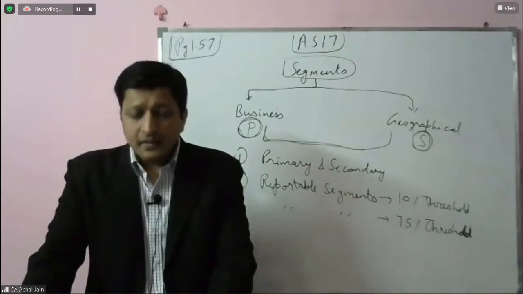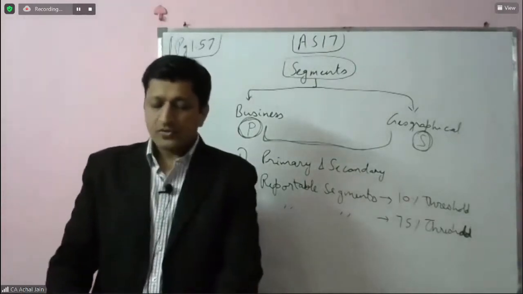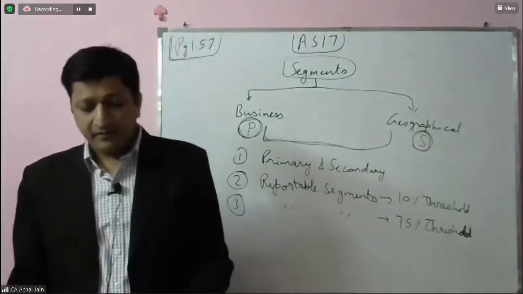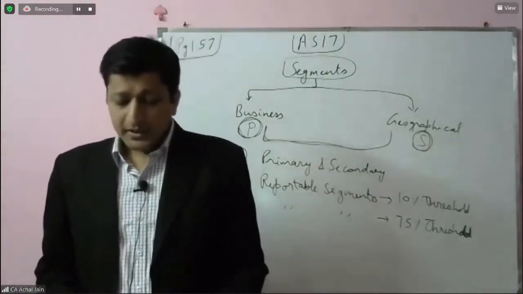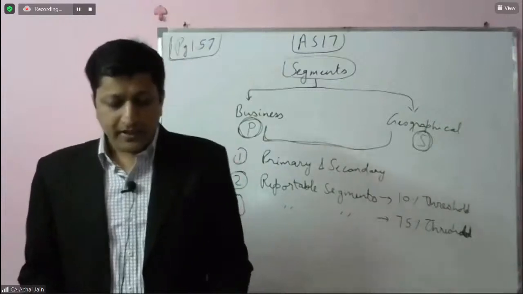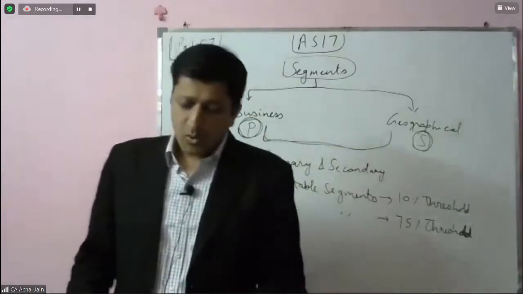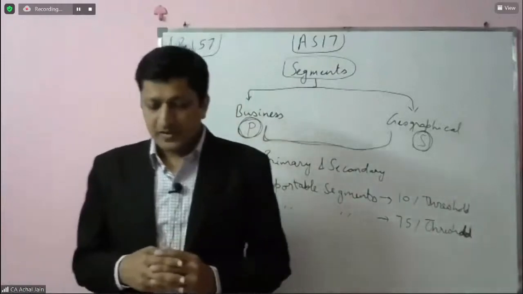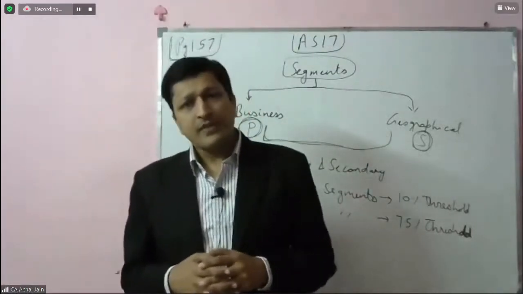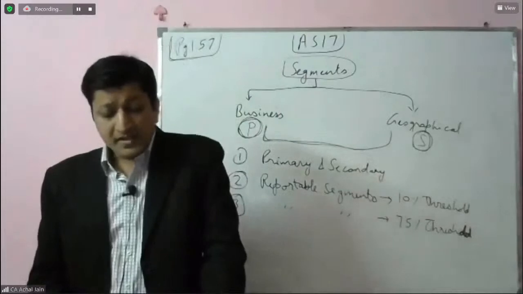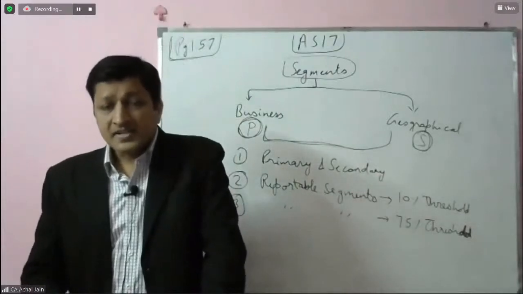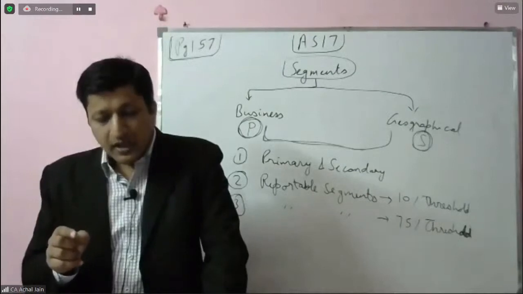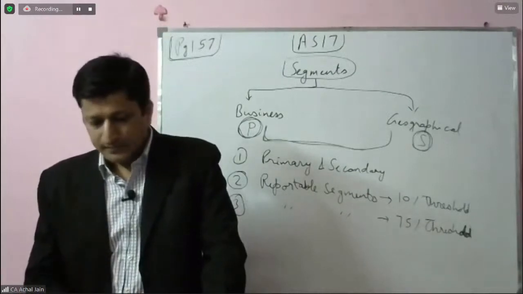An entity that reports amount of cash flows arising from operating, investing, and financing activities of a segment need not disclose depreciation, amortization, or any other non-cash expense. Fine. This is because of the fact that such disclosure has already been reported in the cash flows.